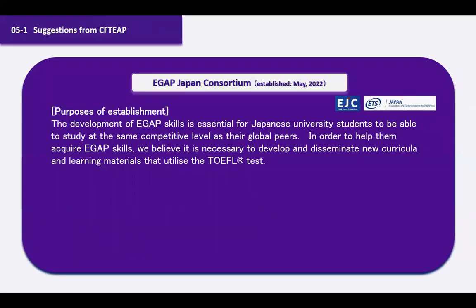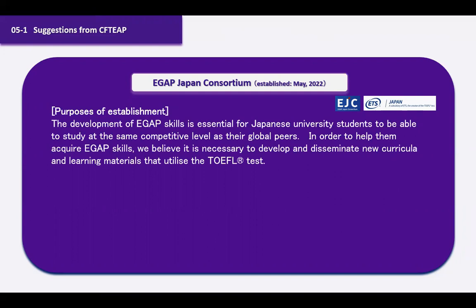I took the initiative to establish a new organization for university EAP teachers this spring, which is called the EGAP Japan Consortium. The objectives of its establishment are as follows.